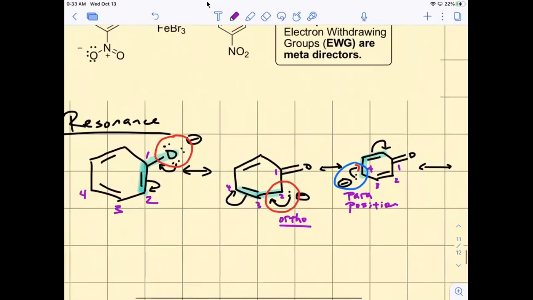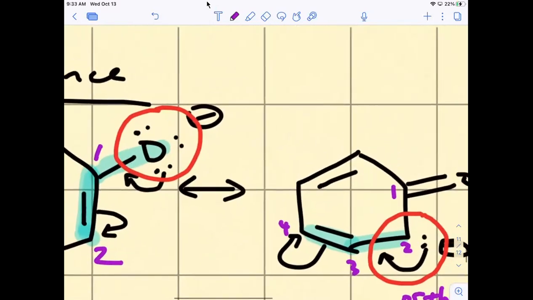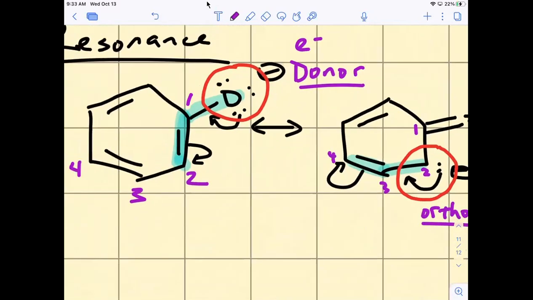So oxygen attached to that ring is a donor. It's an electron donor. Do you agree with that? The fact that it could push electrons into the ring? It didn't pull electrons out of the ring, did it? No, it pushed electrons into the ring. So it's a donor. It can furnish a pair of electrons.